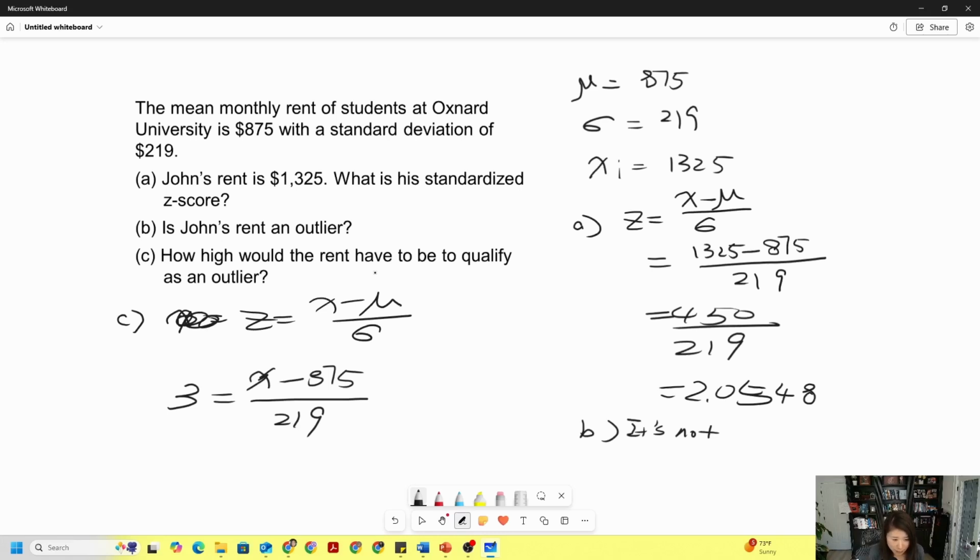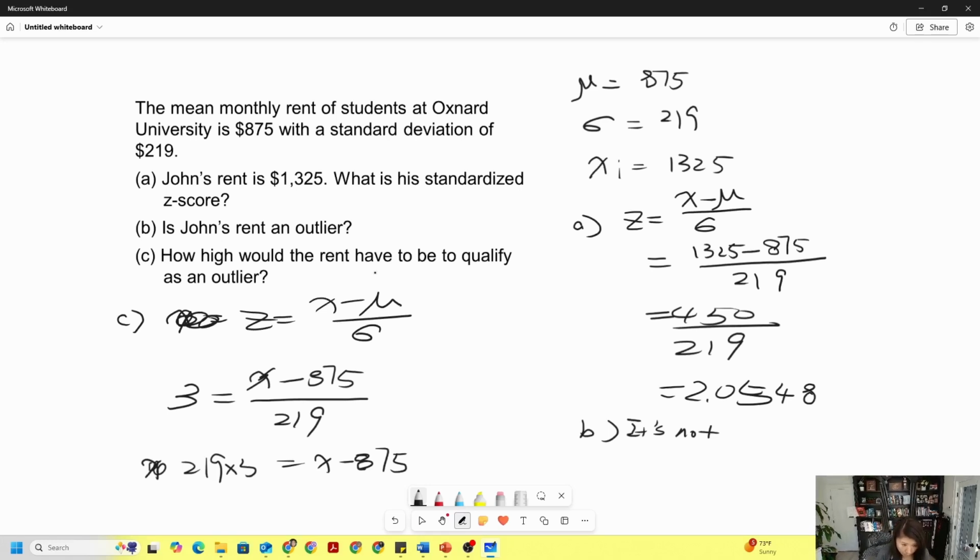After I do that, if both sides are multiplied by 129, then 129 times 3 will equal x minus 875. So on the left hand side, that will give us 387 equal to x minus 875, right?